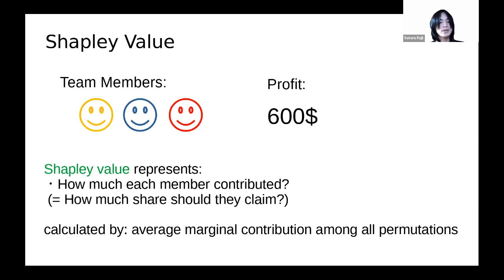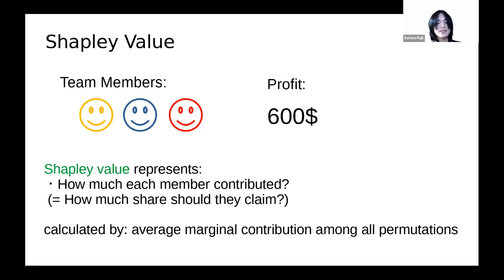Before we get to the specifics of my research, I need to talk about Shapley values. Let's think about a situation where team members, yellow, blue, and red, cooperated and achieved a profit of $600.